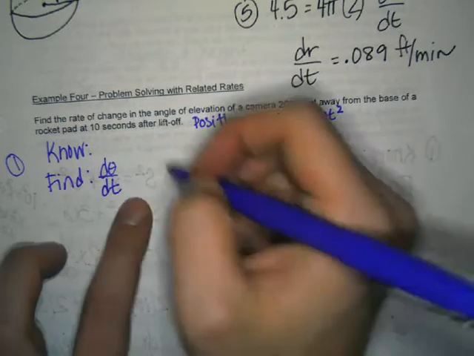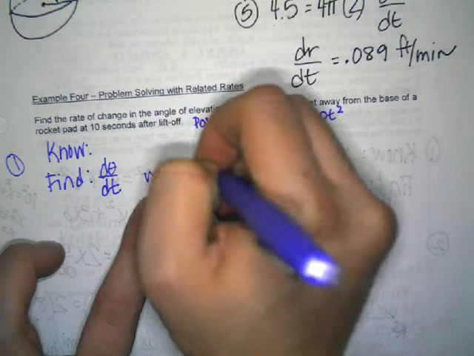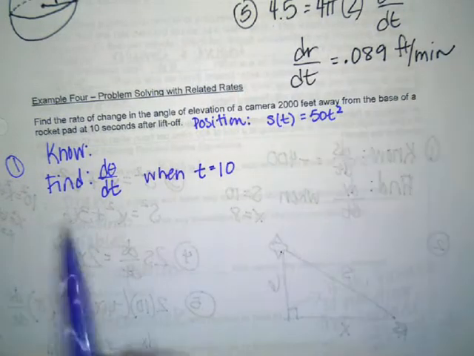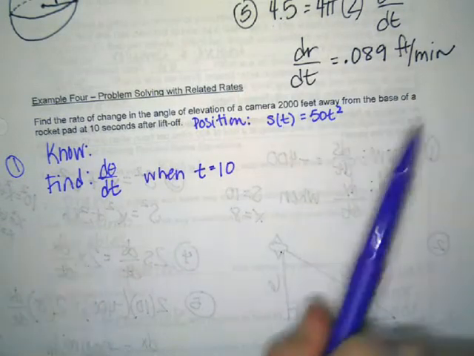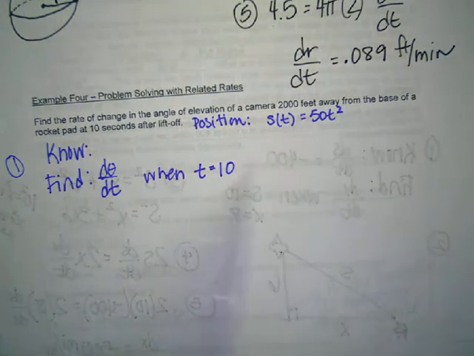So we want to find d theta over dt when time equals 10. Now for the known part, I know that the position is this, but I could say that I know what ds over dt is.